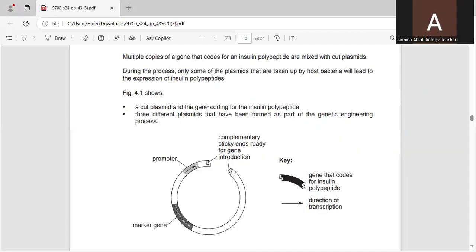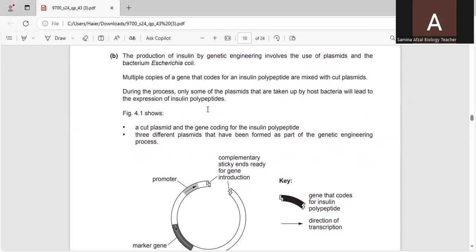Now the next question is: the production of insulin by genetic engineering involves the use of plasmids and the bacterium Escherichia coli. Multiple copies of genes that code for insulin polypeptide are mixed with cut plasmids during the process. Only some of the plasmids that are taken up by the host bacteria will lead to the expression of insulin polypeptide.